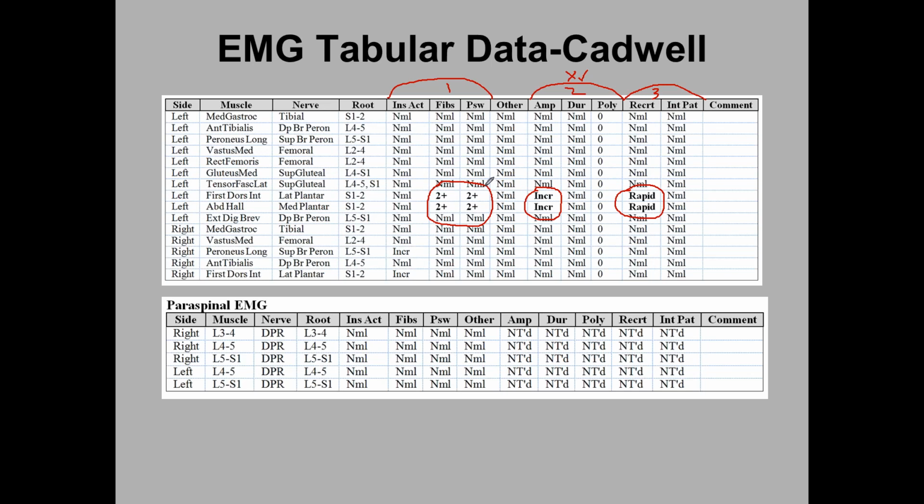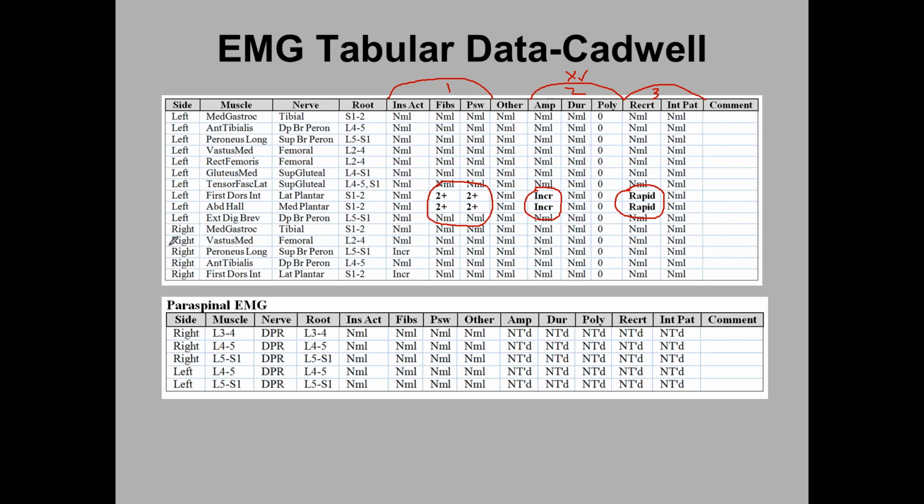So if you were qualifying this data, as you had said before, Kathy, one way to demonstrate it is that there is evidence of membrane instability with large amplitude motor units and rapid firing recruitment in left posterior tibial innervated muscles of the foot, both medial and lateral plantar divisions.